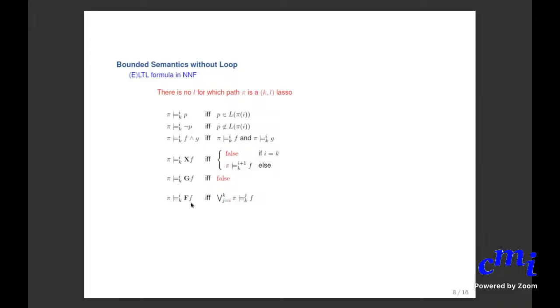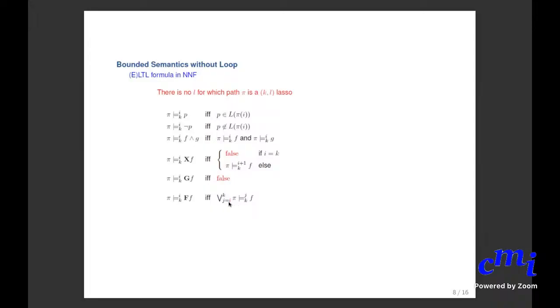Whereas for the F of f case, here also sometimes you can conclude precisely and sometimes you cannot, by looking at the suffixes of the k-long prefix starting from I. What you have to do is check if f is satisfied by any of the suffixes of the k-long prefix starting from I till the end.